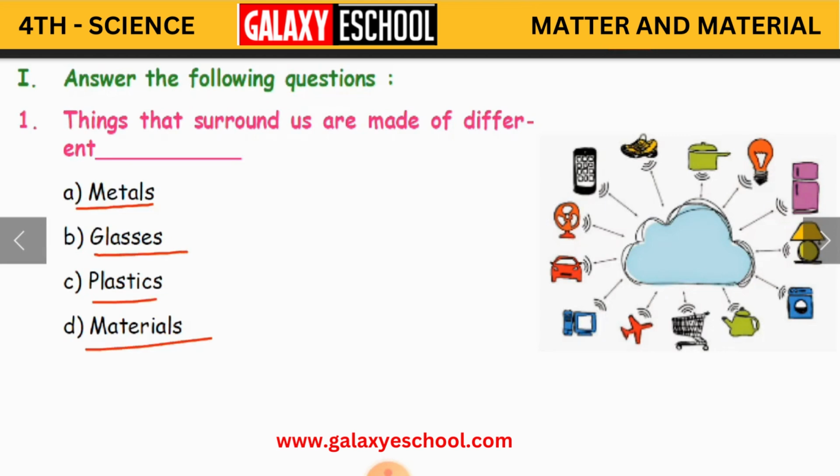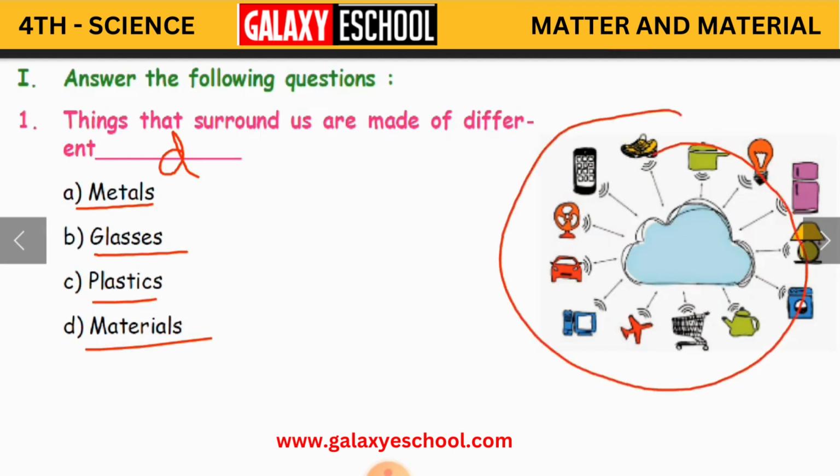So the answer is D, that is materials. As we have learned, we have so many things around us. You have aeroplane, TV, car, fan, mobile phone, bulb, kettle and all that. They are made up of different materials.